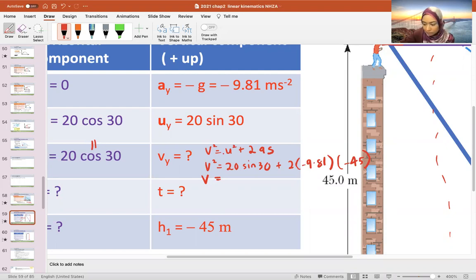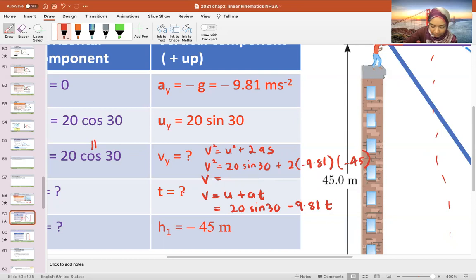V squared equals U squared plus 2AS. So we calculate 2 times 9.81 times 45. How much? Did you get it?